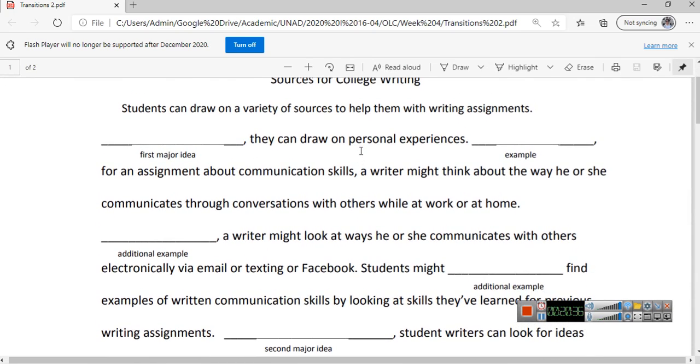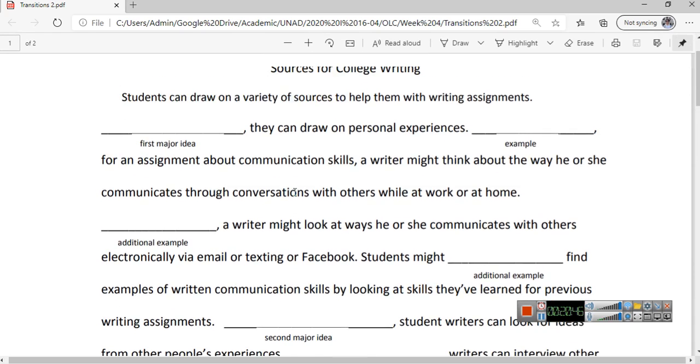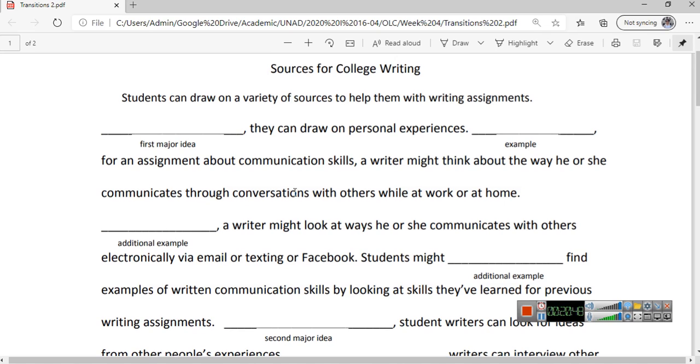Okay, we're gonna do some exercise together. We're gonna have a text and some fill in the blanks type of exercise. Below each line, you're gonna have the type of transitional phrase that you need to use. For example, right here, I know that I have to use a first major idea.